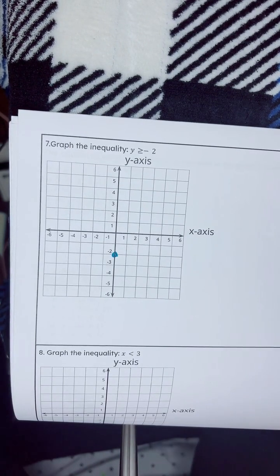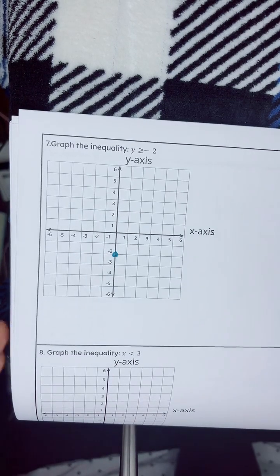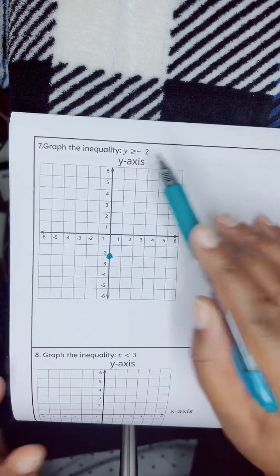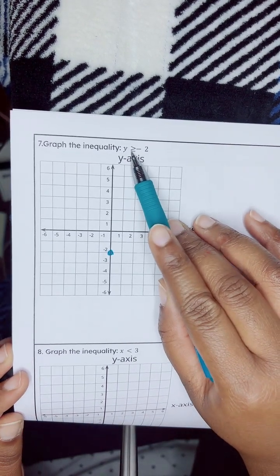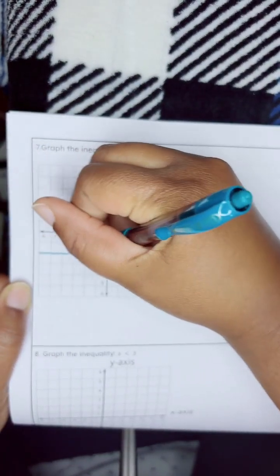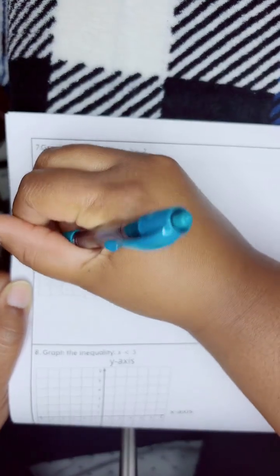Now I ask myself, is it a dashed or solid line? It is solid because you see how it has this equal sign underneath the inequality? So it has to be a solid line. And it's a solid horizontal line.